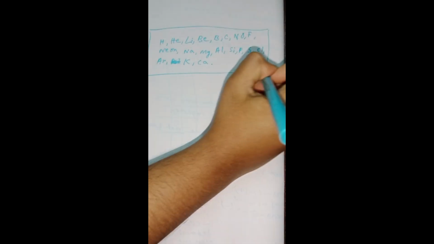So these are the first 20 elements of the periodic table.